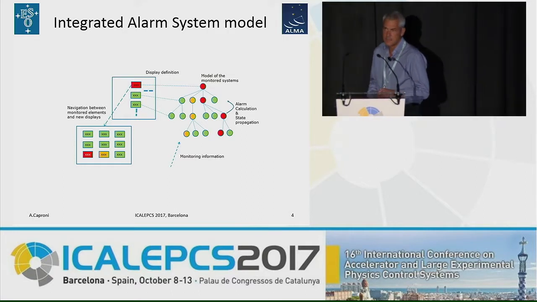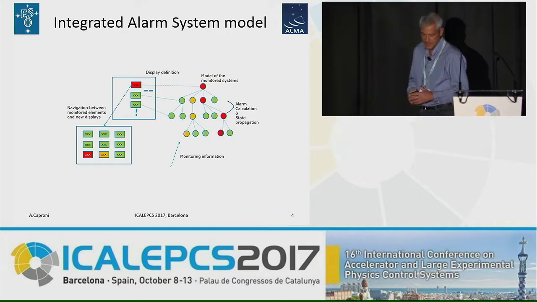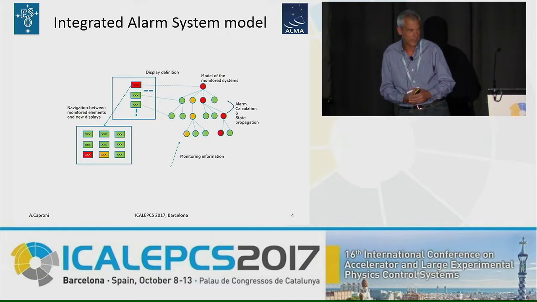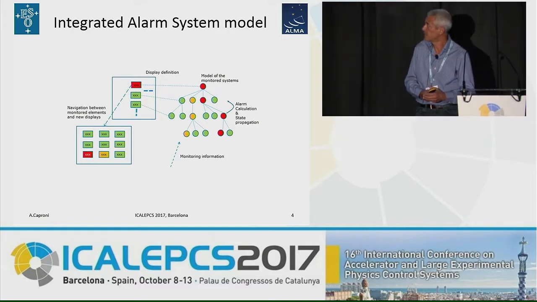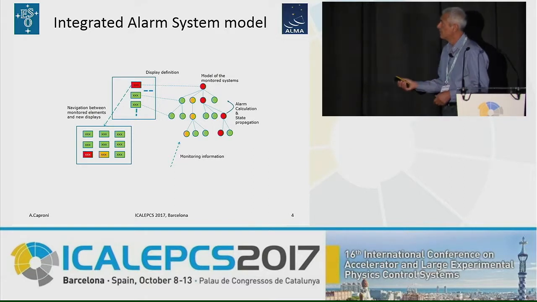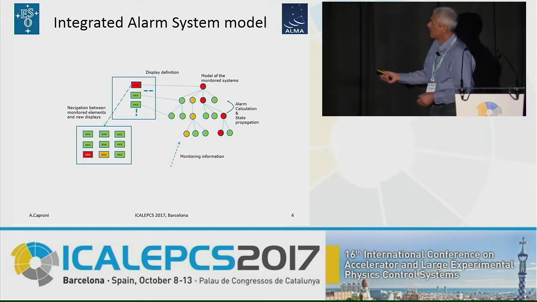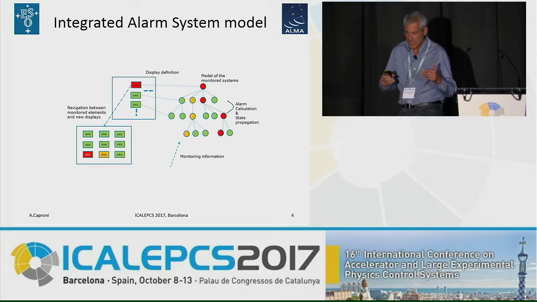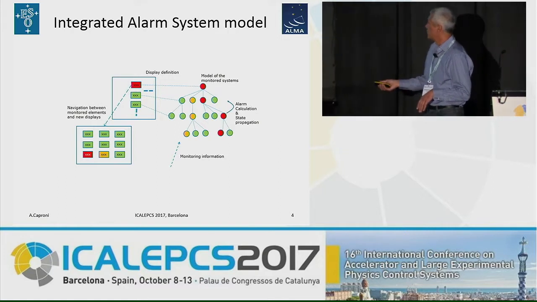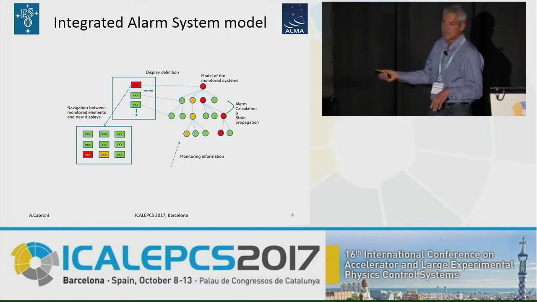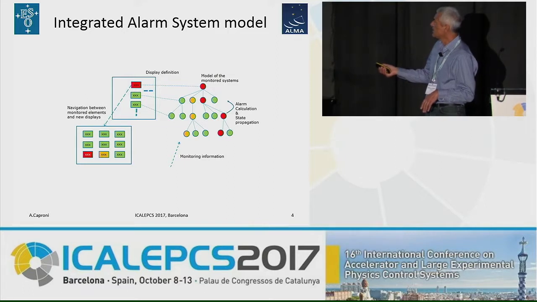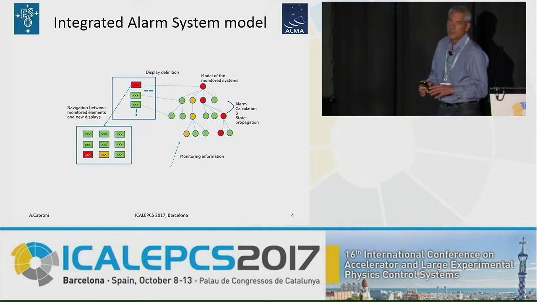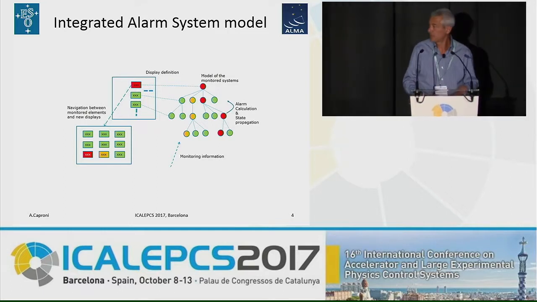We have done a study about that with the help of a software engineer responsible for the alarm system of the European Space Agency. Together we came to the conclusion that we can model our system with a graph like this, modeling from the point of view of the alarms, not modeling the hardware or the components. Each of these nodes can be in a nominal state when it's green, or in an alarm, and we can propagate up to the top to define whether something is in alarm or not.